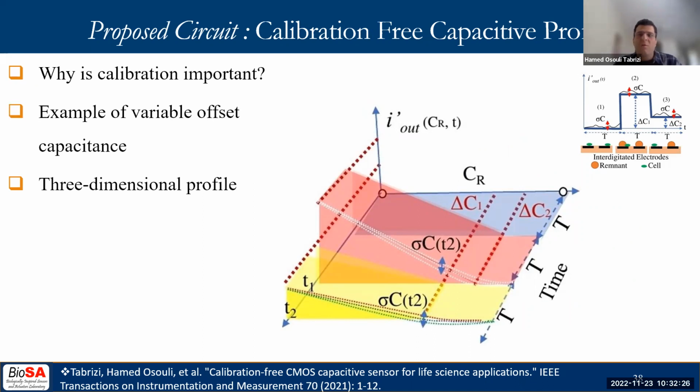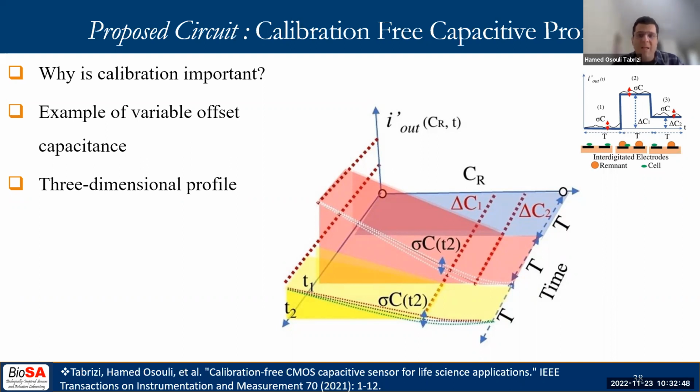Generally, detection of a small capacitance when the offset changes significantly is impossible because your device will not have enough output range to sense that, unless we have a mechanism to capture all the changes in different ranges.